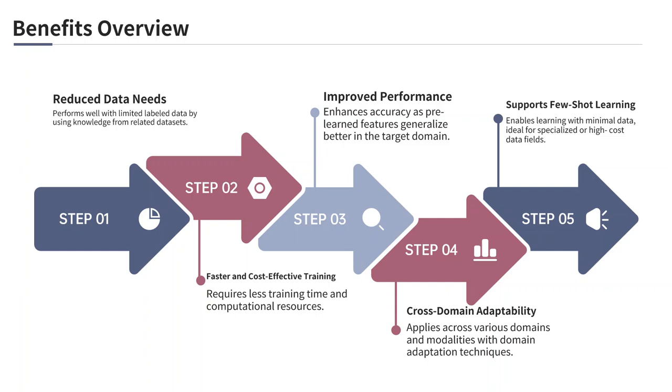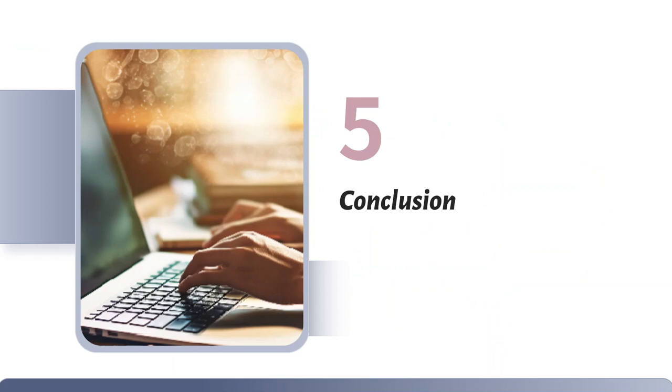So it enables work with minimum data, making it ideal for specialized and high cost data fields. As a result, deep transfer learning is efficient, it's versatile, and it boosts performance and reduces cost, especially when we're dealing with data limited scenarios.